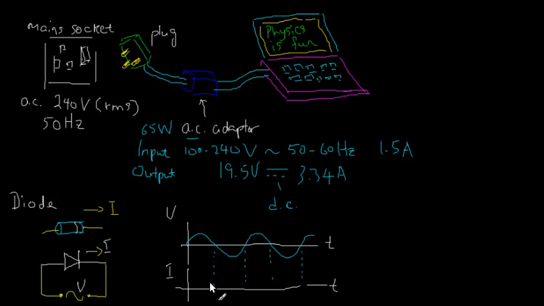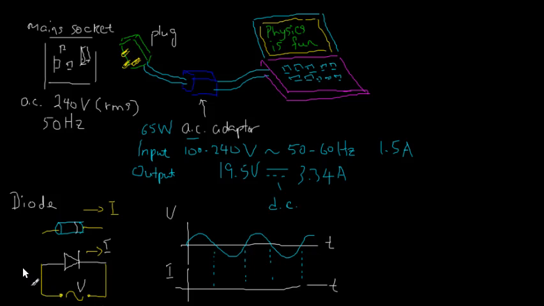Now suppose that this is the positive direction. No, that might be misleading. Wait. I want to show a positive direction, but I don't mean that this is the positive pole, because it's not like a battery. It will keep changing poles, if you like.